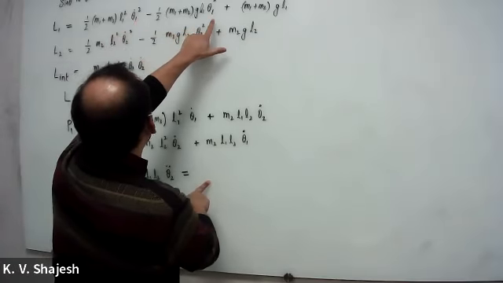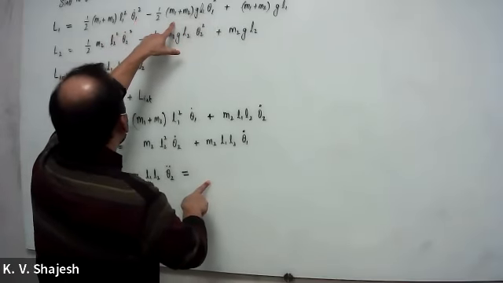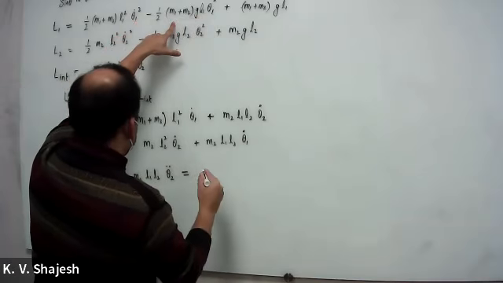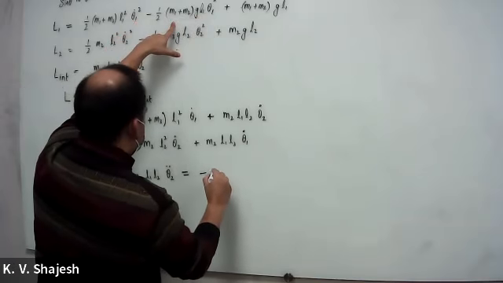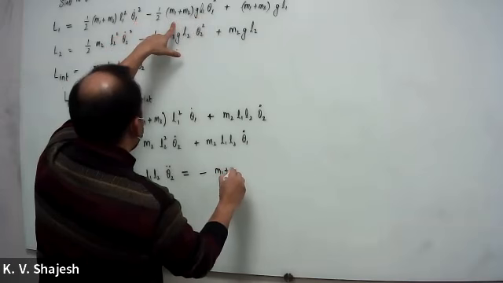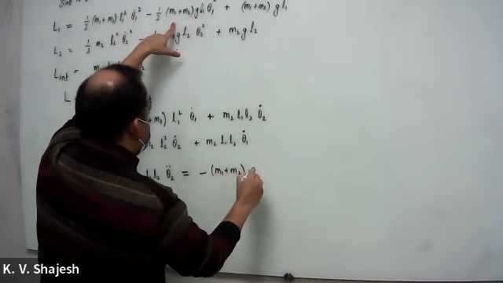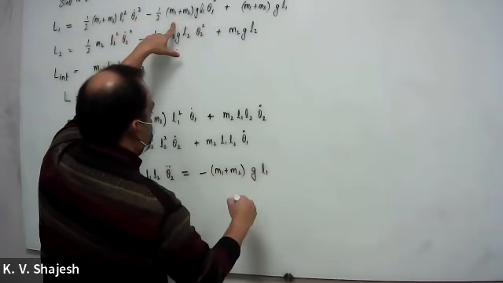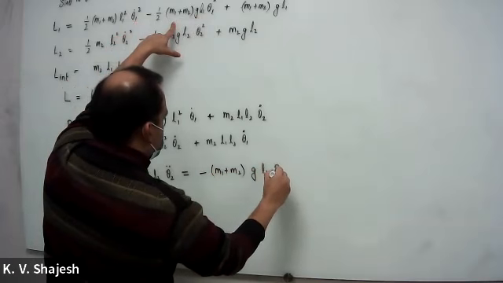Theta 1 is only here, that's the only place where it appears, and it is minus (m1 plus m2) g L1 theta 1.